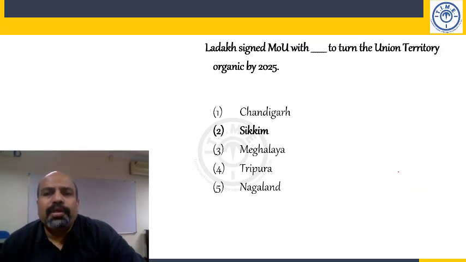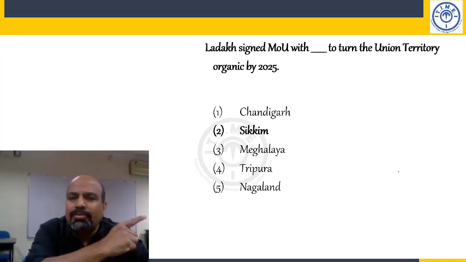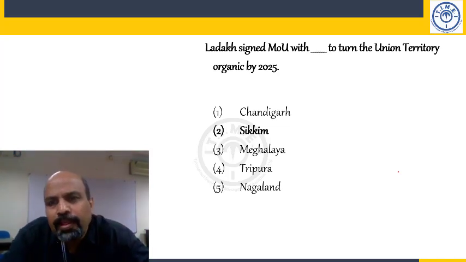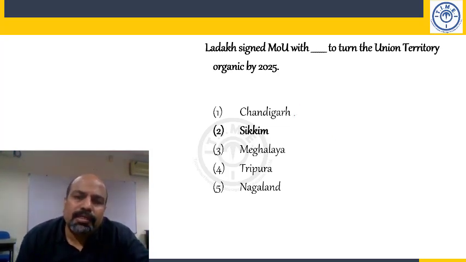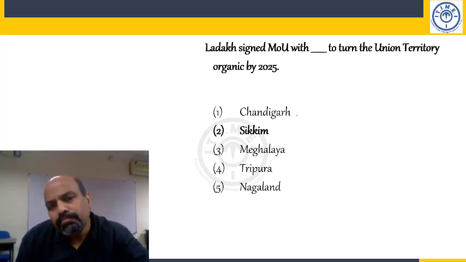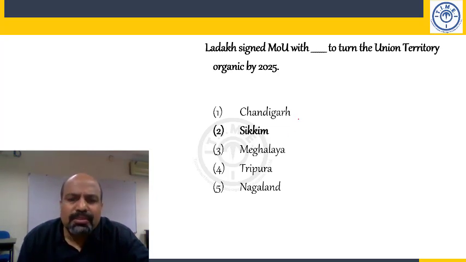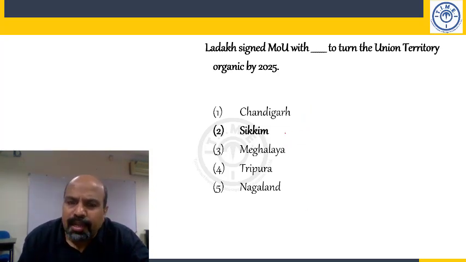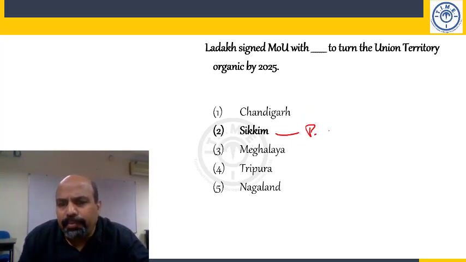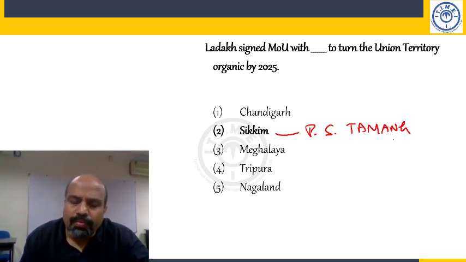Ladakh has signed an MOU with Sikkim to turn the Union Territory organic by 2025. This Ladakh we mentioned a while ago, so not much to discuss here. Chandigarh is India's second smallest Union Territory. In fact, we have been discussing all of these things. Sikkim we discussed in the last class also, CM Prem Singh Tamang.